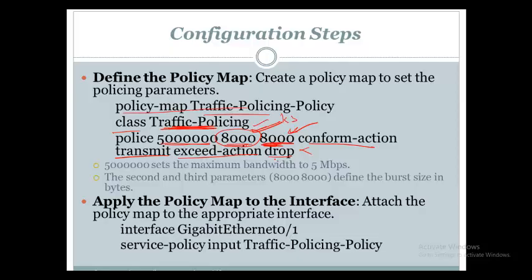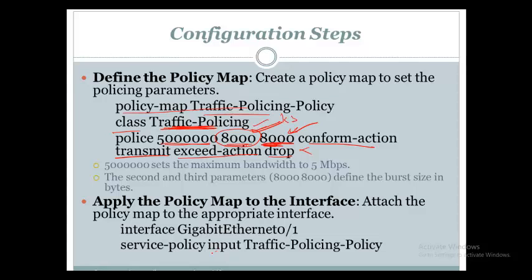As the traffic comes in, the ISP is doing the policy. So you call this policy map called traffic, and you say when any traffic comes in, if this policy matches, this is what you need to do.